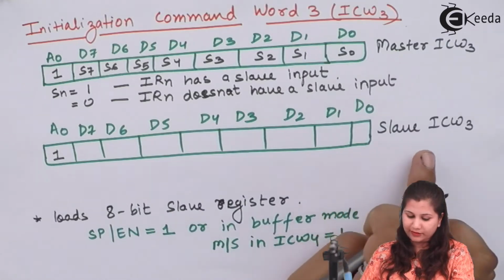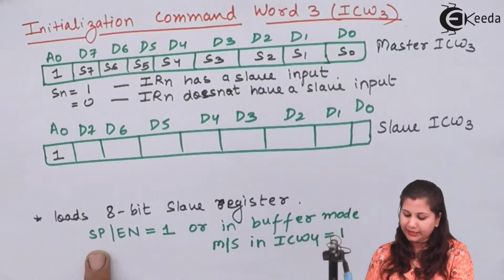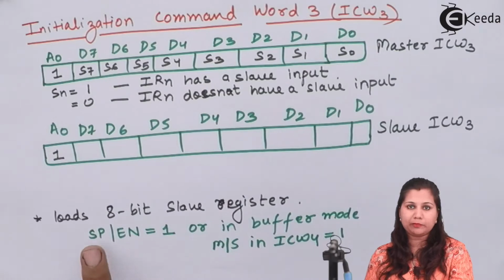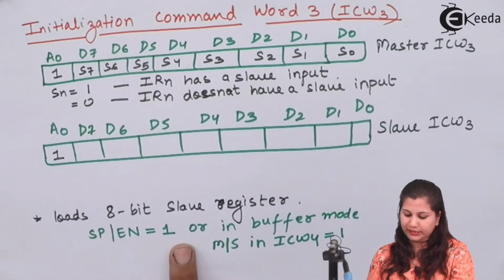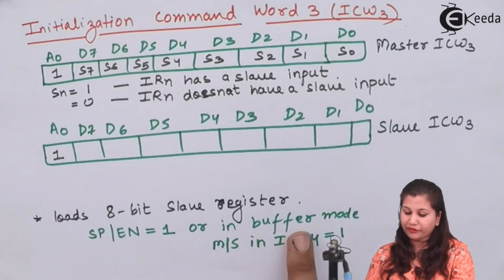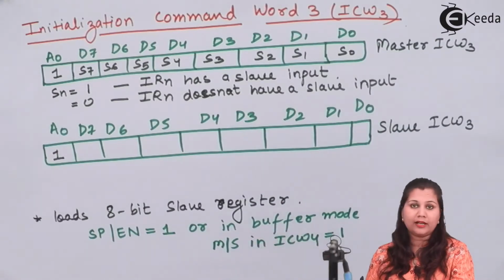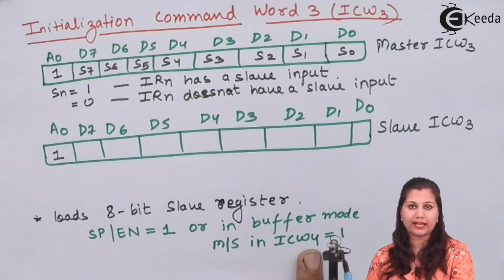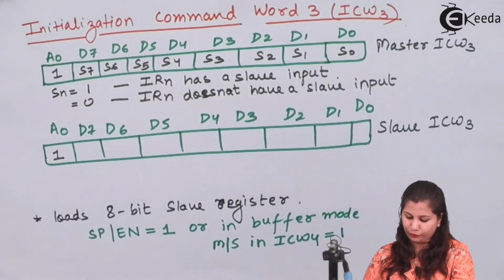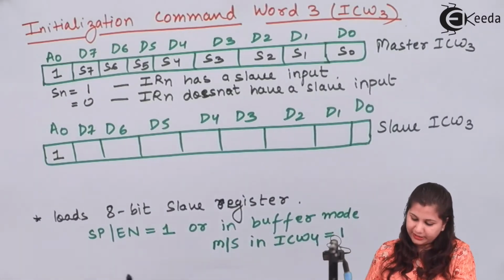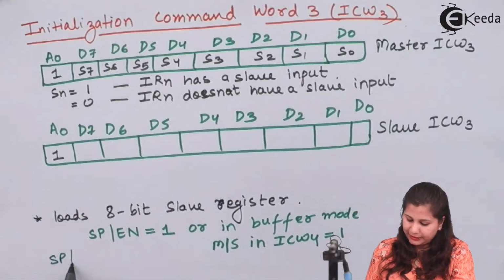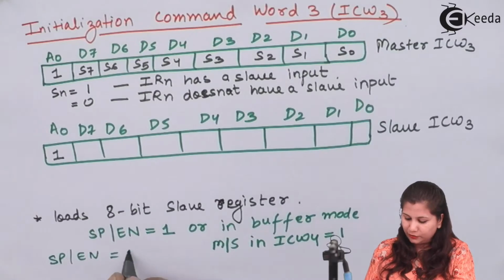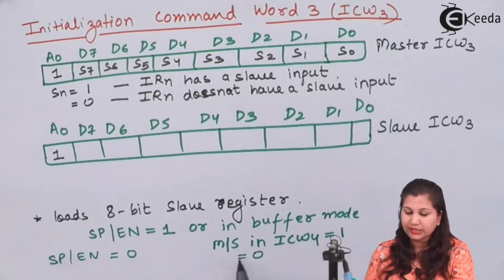Now this slave ICW3 will be selected when this SP or enable line is 0, and the buffer mode, if this 8259 IC is not working in the buffered mode, means that the master and slave bit in the ICW4 is 0. So it will be selected when the SP and enable line is 0, or this M/S line is 0.